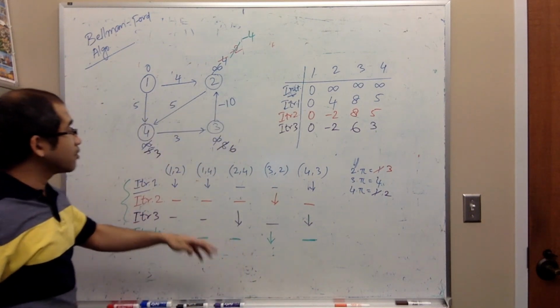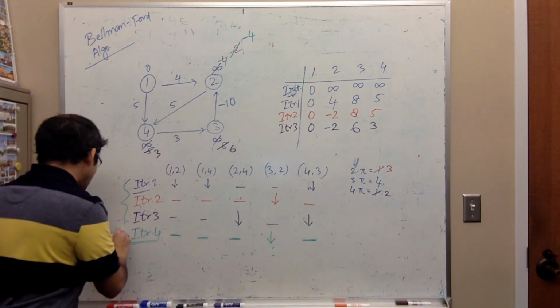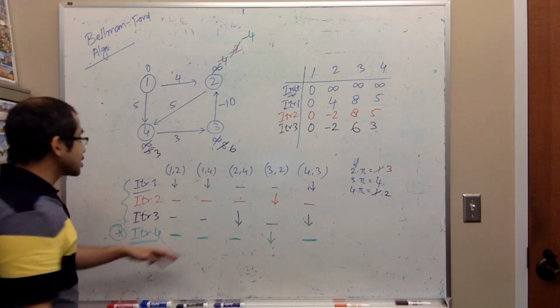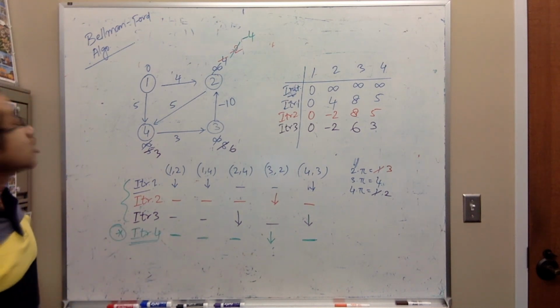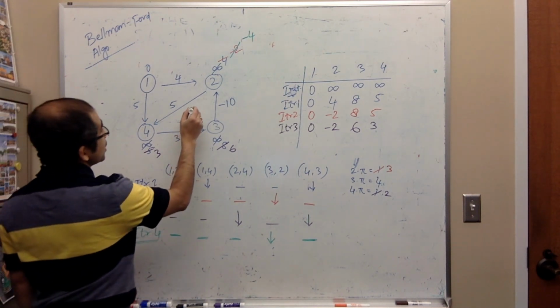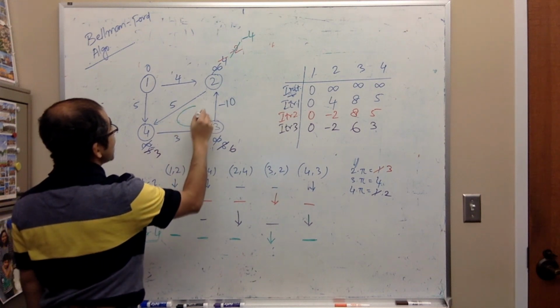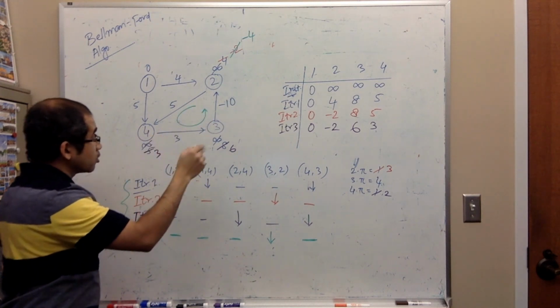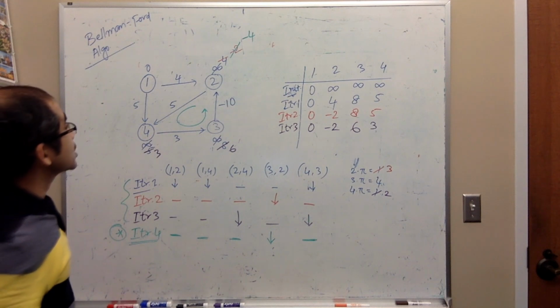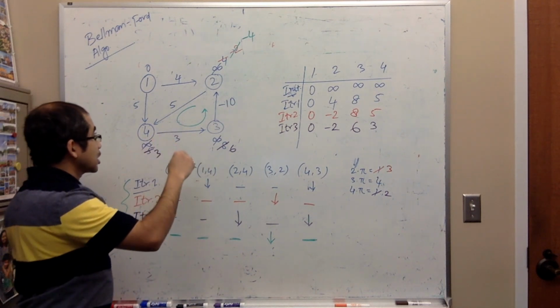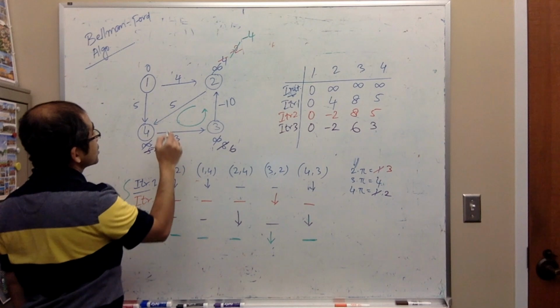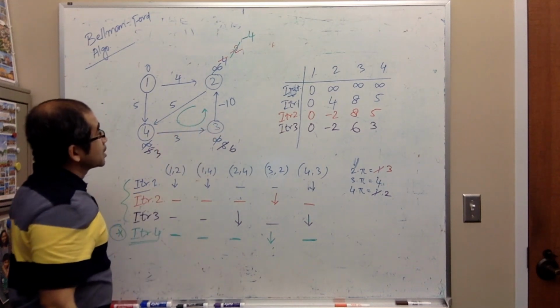See, now here in the 4th iteration, which should not be there, still we find there is a change in the weight. Do you know why? Because there is a negative edge weight cycle. The cumulative total edge weight summation of all these edges in this cycle is negative: 5 plus 3, 8, and minus 10 is minus 2.